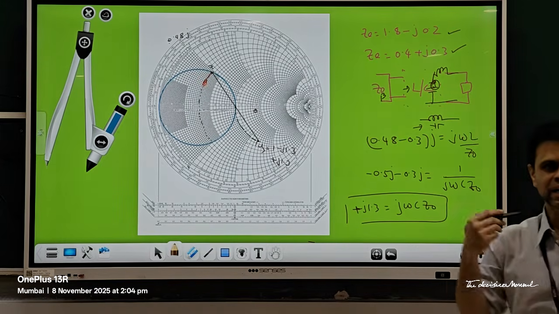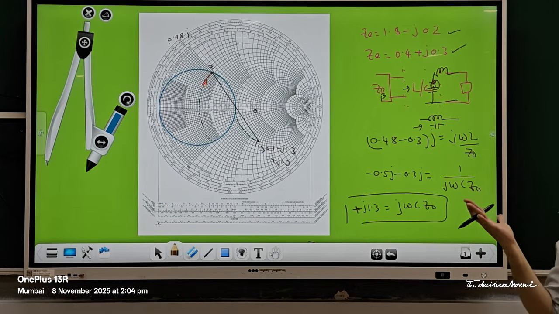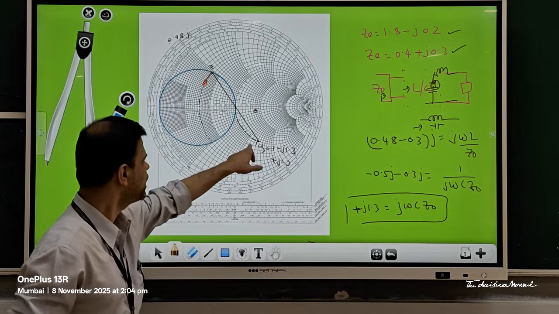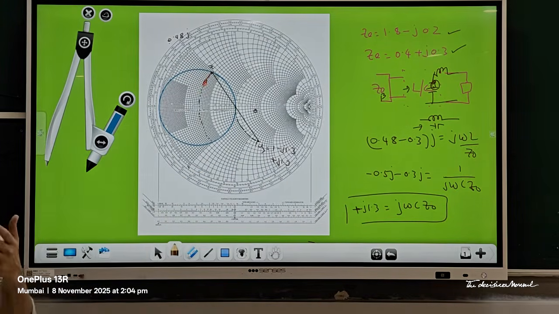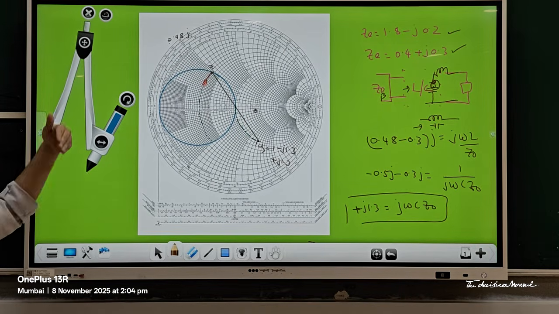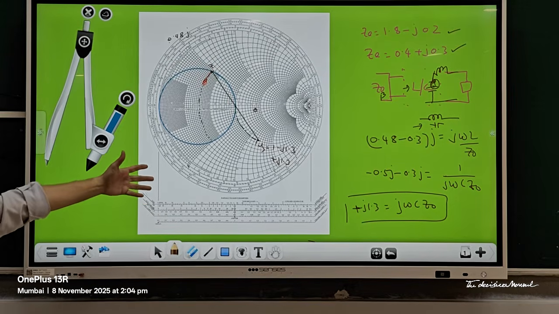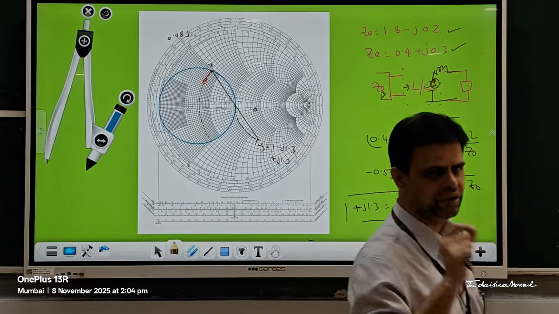If I add that, naturally my Y will be equal to 1 or Z will be equal to 1. I am realizing the impedance match. The value of the capacitor will be found like this. Once you take a diametrically opposite point, read the corresponding JB part, and the negative of that needs to be equated to the capacitor susceptance, and the value is calculated from that equation for the given frequency.